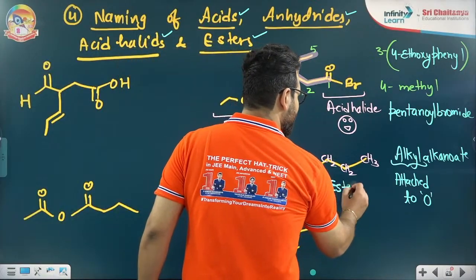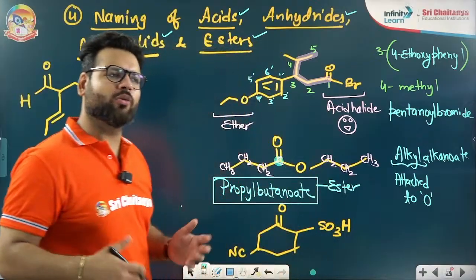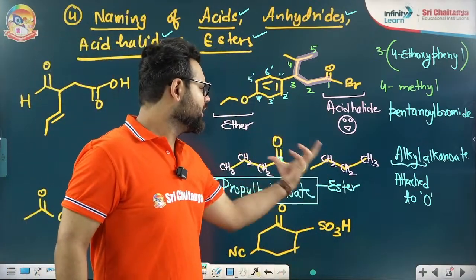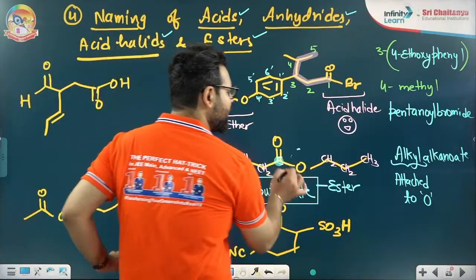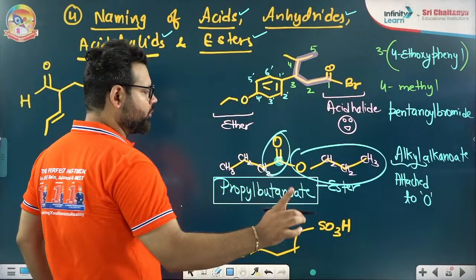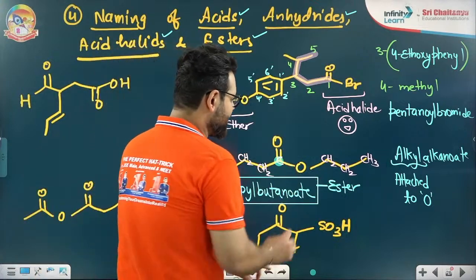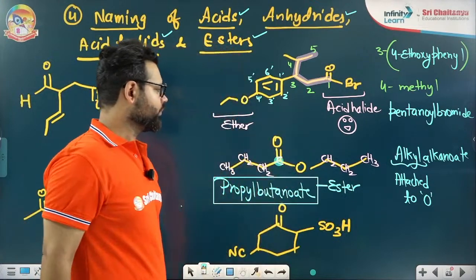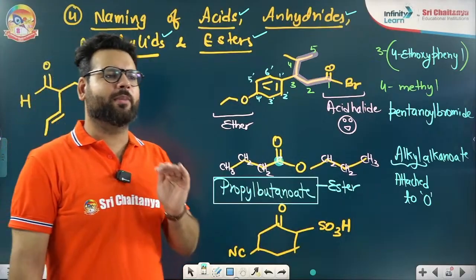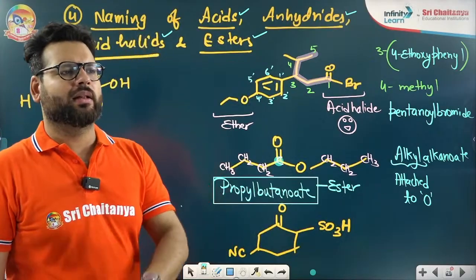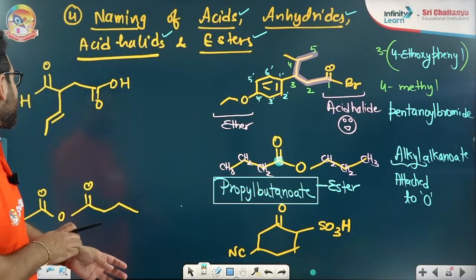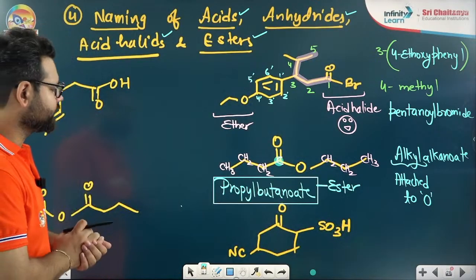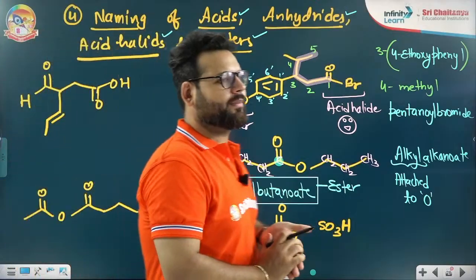So an ester will be named like an ester. No alkoxy. Don't call it propoxy. It's not a ketone. Don't think it's an alkoxy group and a ketone group. This whole thing is an ester, COO. So ester naming will be done as alkyl, then alkanoate. Yes, Yamini Priya. This is how we name the ester.